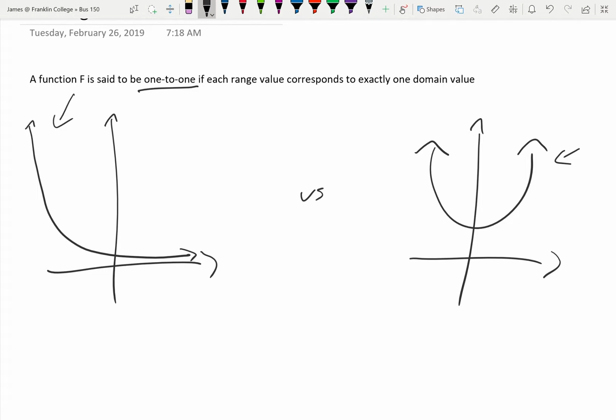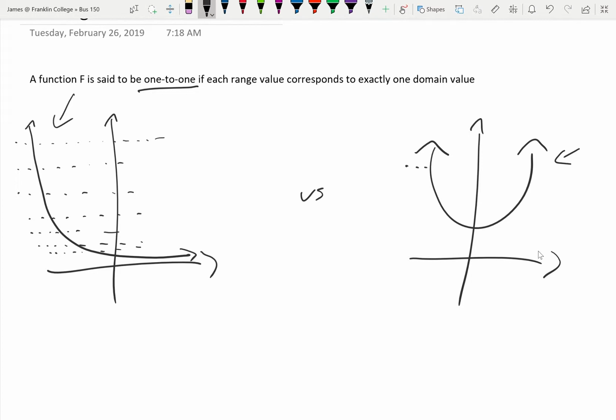You can almost think about a horizontal line test: each range value corresponds to at most one domain value. That is saying that each horizontal line we can draw on this graph should cut through our function at most one time. So that's what it means to say each range value corresponds to exactly one domain value.